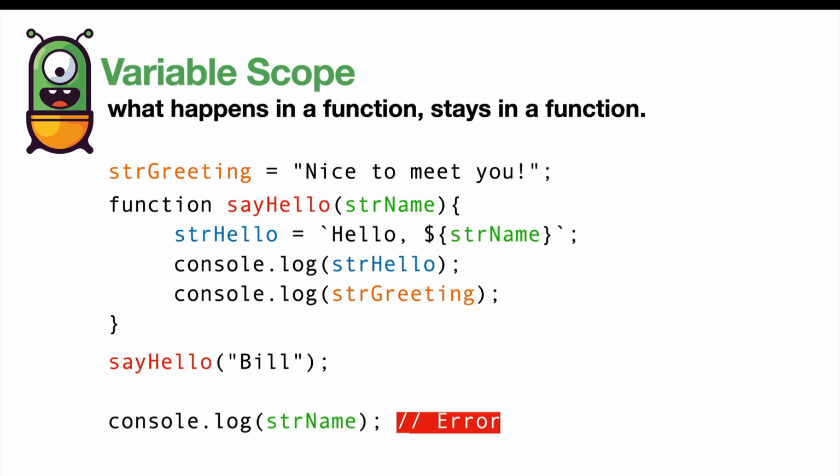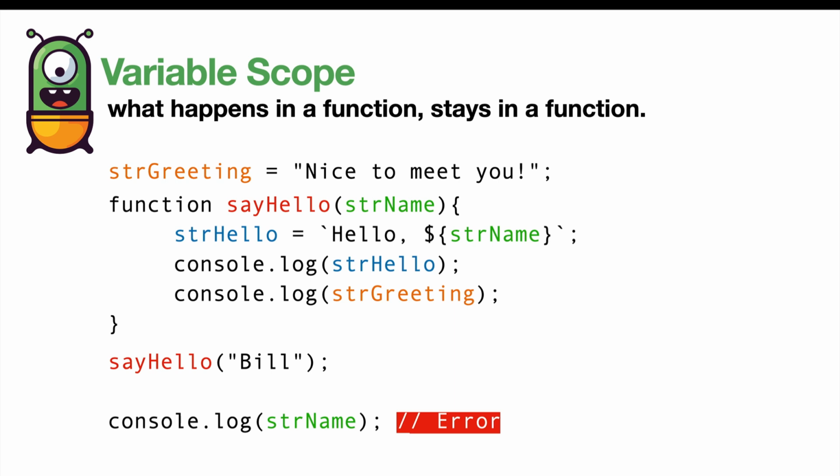If I want to later on, after I run that function, say console log, let's print strName. So whatever was given inside that function for strName, let's print that to the console. That's going to give me an error because I'm outside the function trying to access something that was created inside the function.